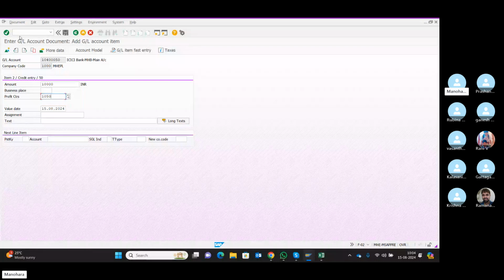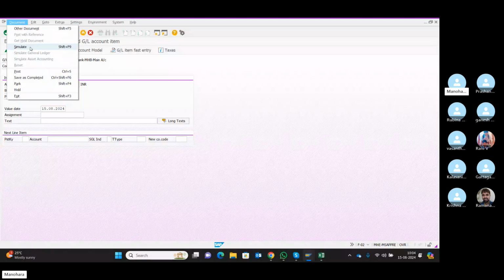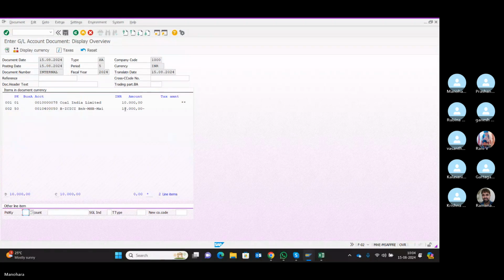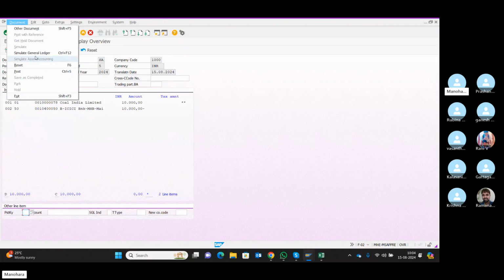See, this is a simulation. What do we call this simulation? Entry view only. This is your entry, right? This is the entry view only. So once you go to your simulation ledger, you find this, right? Simulate ledger. This is the main ledger.